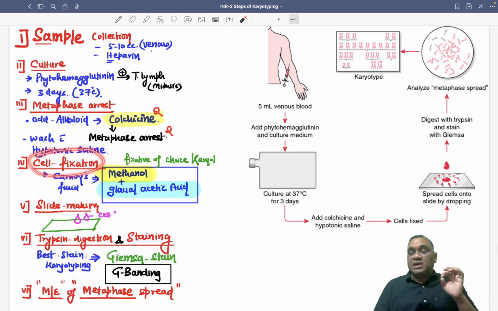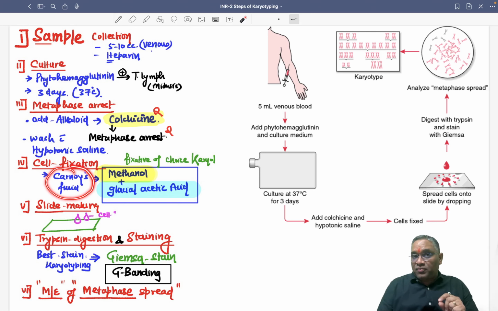Cell fixation requires a fixative, and the ideal fixative is Carnoy fluid. Remember, it is again an important MCQ in the NEET PG exam. Carnoy fluid is used for cell fixation in karyotyping. What is the best fixative for karyotyping? Fixative of choice for karyotyping was also a DNB question, that is methanol.